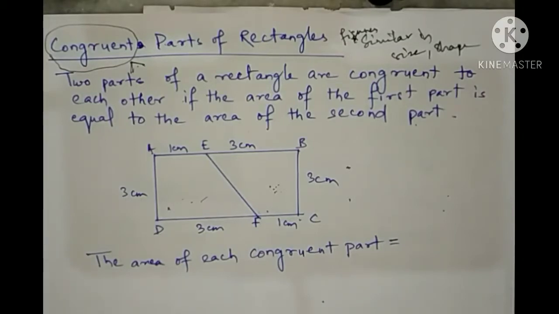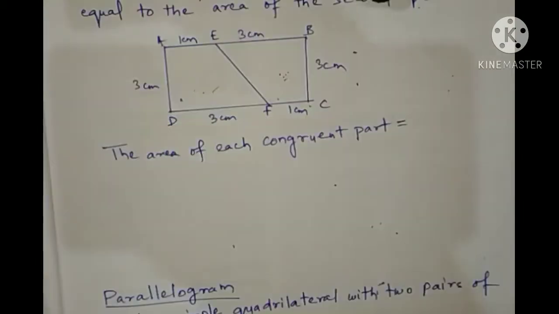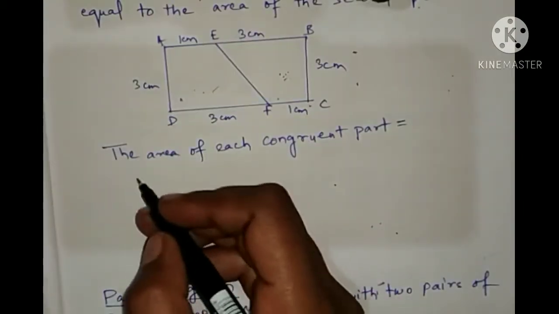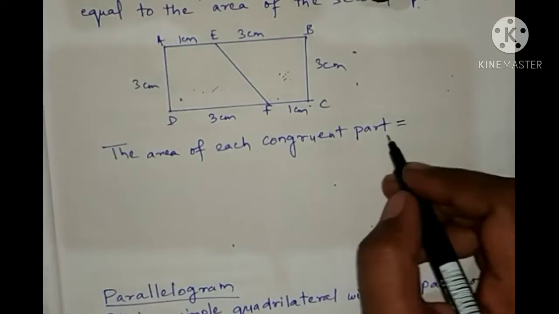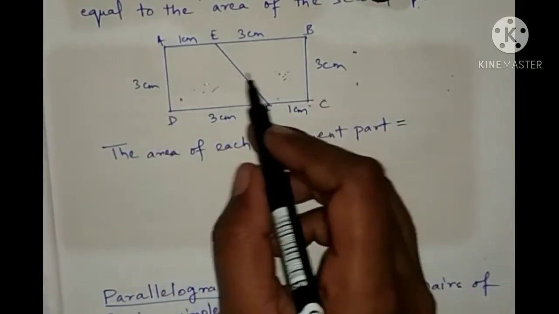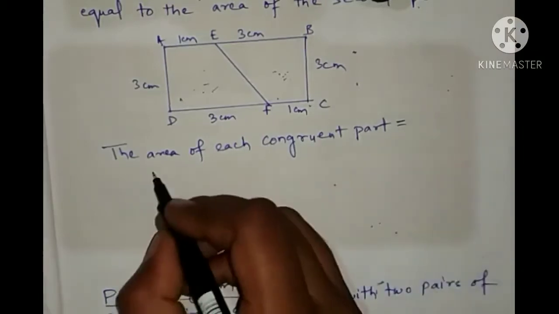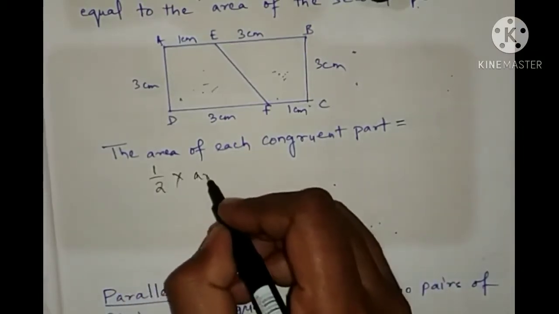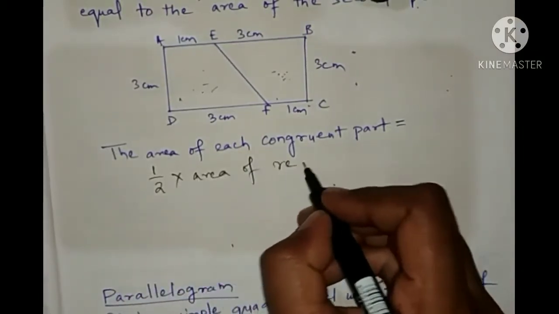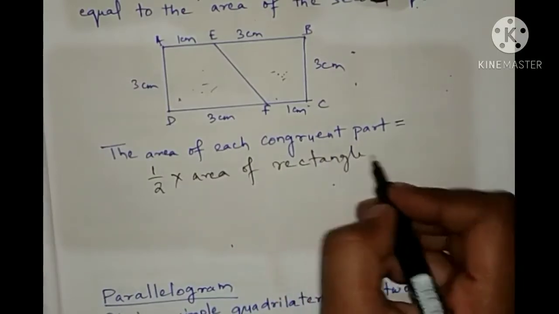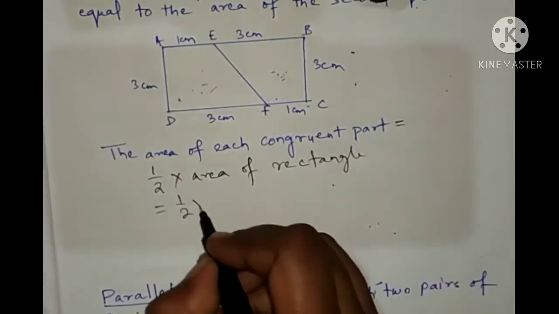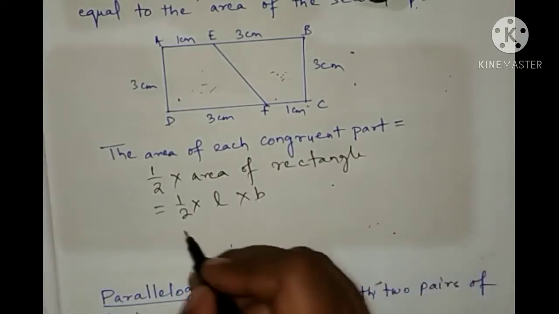The area of each congruent part equals, this is making half of the rectangle. So half into area of rectangle equals half into length into breadth.